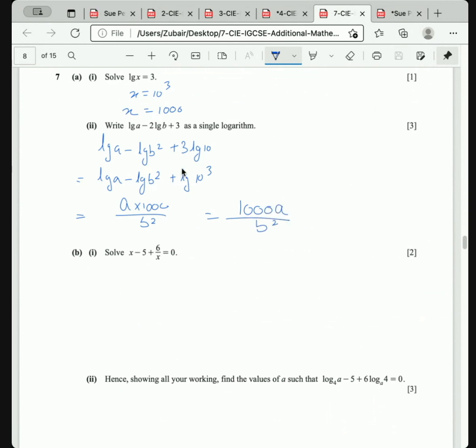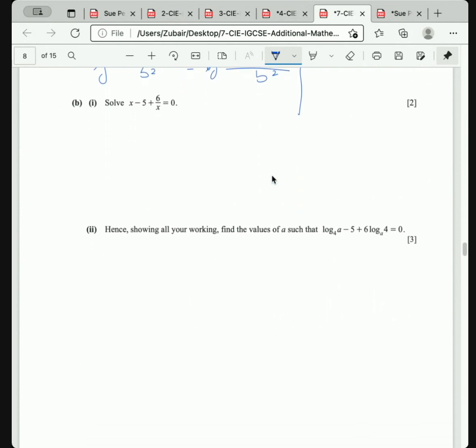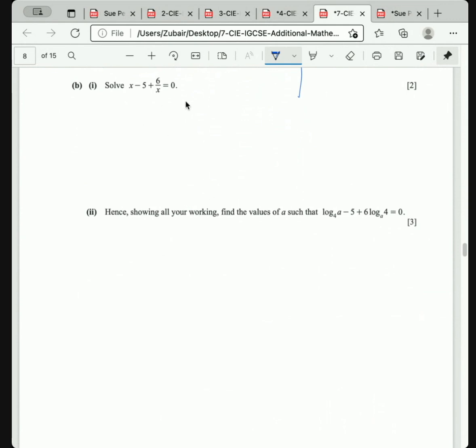As a single logarithm, I also have to write log. This is one way, and yeah, this is it. Solve this by multiplying with x.